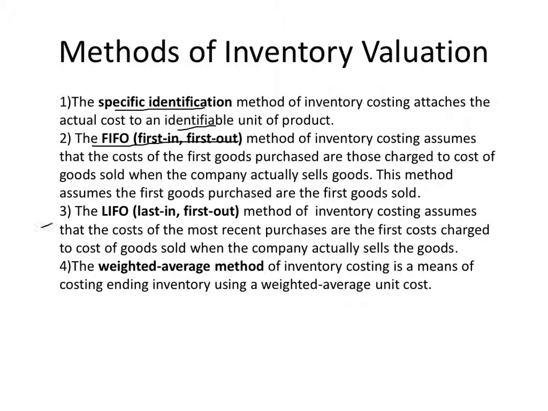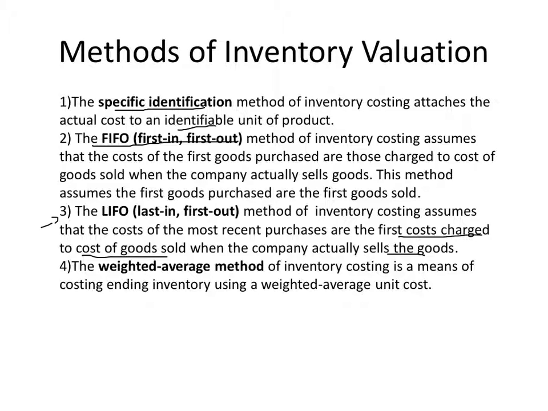Compare that with the other assumption. That is, the last ones that we bought were the first ones that we sold. And that's called the Lifo Method. And that means that the most recent purchases are the first costs charged to the cost of goods sold. And therefore, the inventory is the old one.